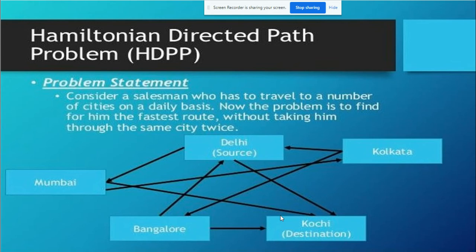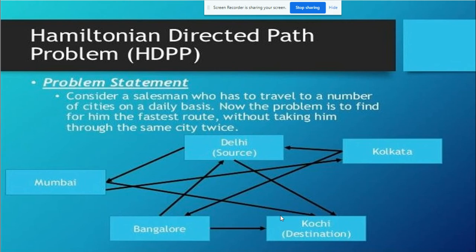Previously, what I was saying about the experiment is Hamilton's directed path problem, which is known as the HDPP. Let's see the problem statement. Consider a salesman who has to travel to a number of cities on his daily basis.